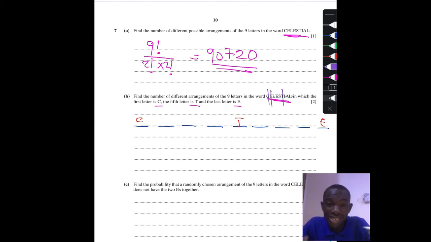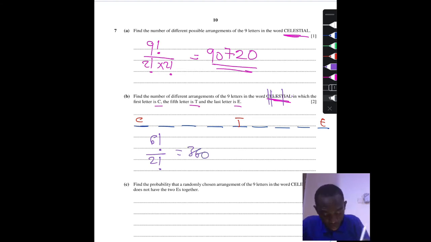You are going to arrange 6 there. You can just say 6 factorial. Okay. And do we have any repetitions? Yes, the 2 L's are repeating. So you divide by 2 factorial. And then that will give you 6 factorial over 2 factorial. And that is 360.